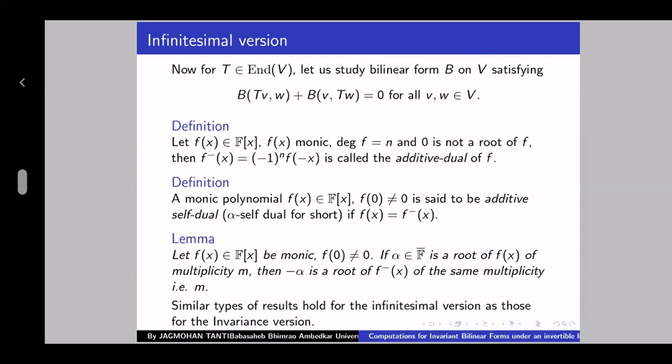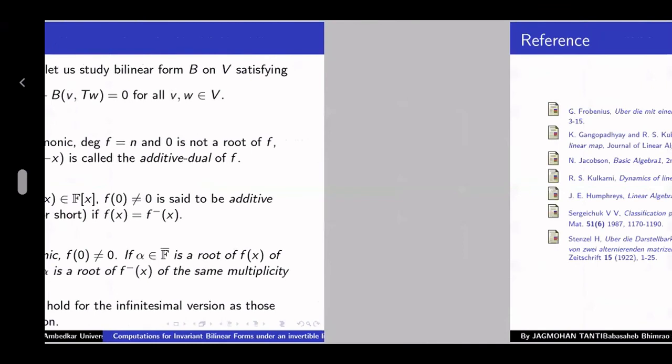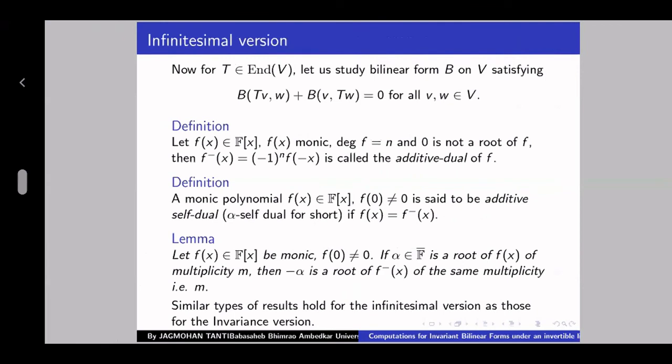Using this, we establish similar results. As those results are similar, we have not repeated them here, but they are in the paper.